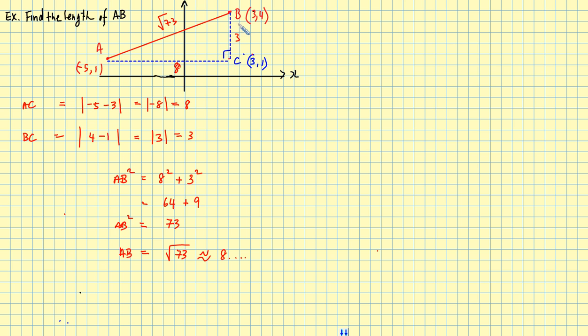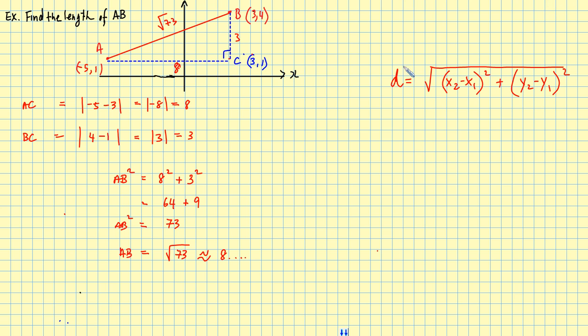Okay? All right. Now, how does this all get to a formula? Well, the formula that we're going to be learning for the distance between 2 points is this one. Distance is equal to the square root of the change in the x's, all squared, plus the change in the y's, all squared.